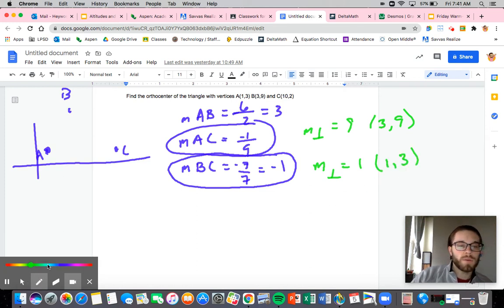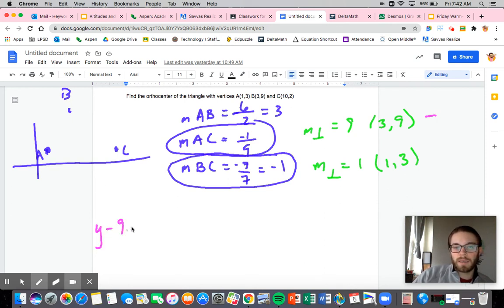I will do two different setups to find the equations of the lines. For this one I'll do point-slope, and for the other one I will solve for b. For the first line, which I'm going to do in pink, point-slope would be y minus 9 equals 9 times x minus 3.